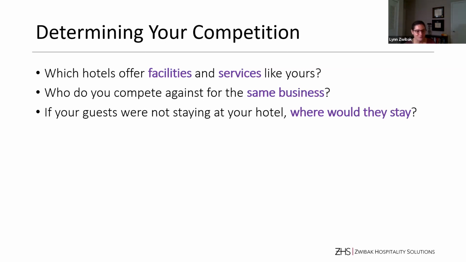Not so much for the couples. So if you're filling this out for the family market segment, you might include a competitor that also has recreational facilities for children. But you wouldn't include a hotel that does not.